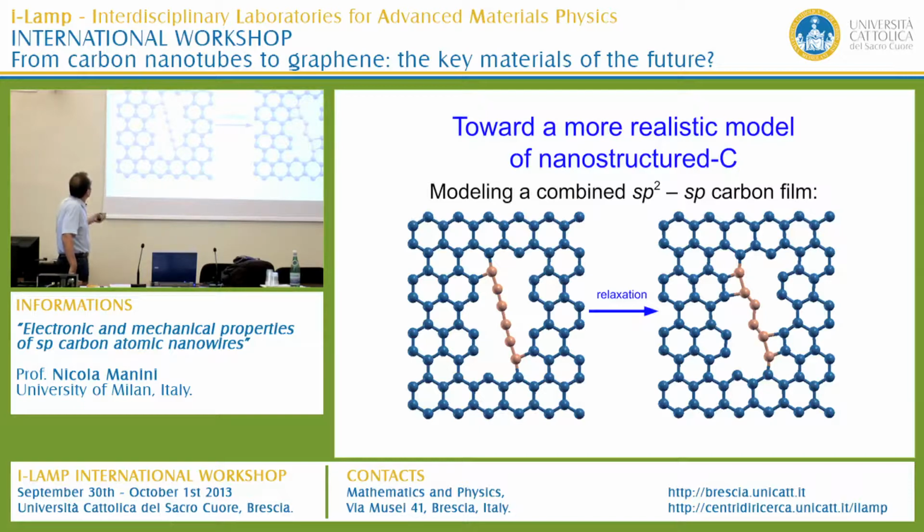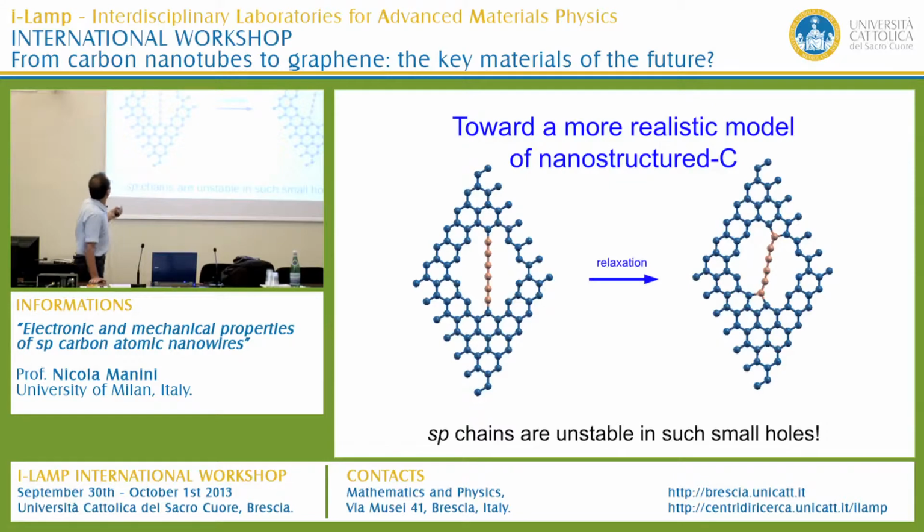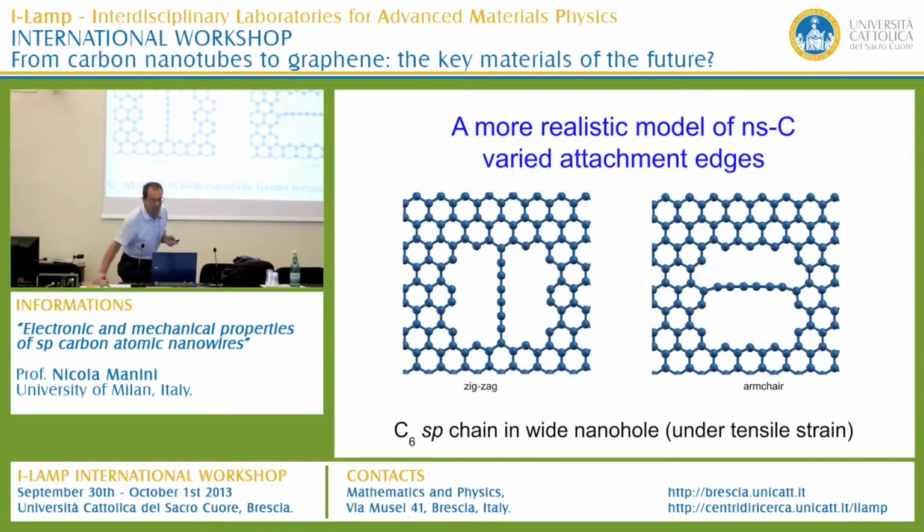Except that when we made those holes rather small, as in this model, very quickly the chain will relax and form extra bonding at the edges, so very little of the chain will remain here. Also in this case, with this small lozenge-shaped hole, eventually the chain will relax and get shorter. So eventually we had to resort to a hole of this quite big size and put chains either joining those two zigzag edges or those lateral armchair edges as here.